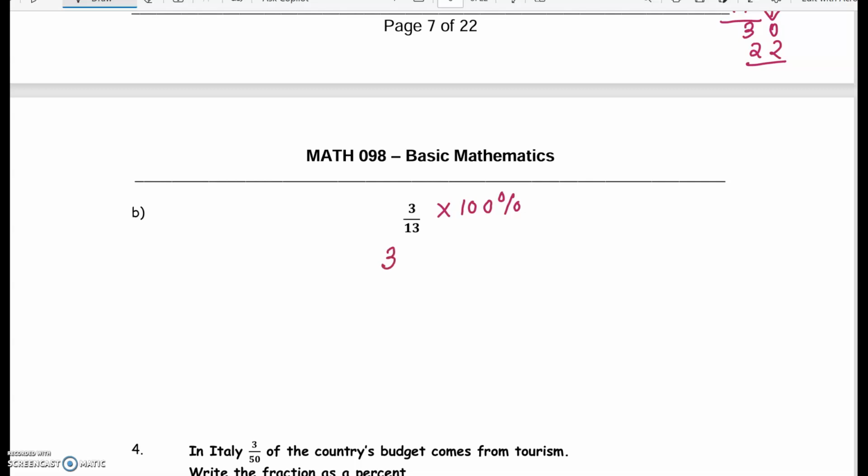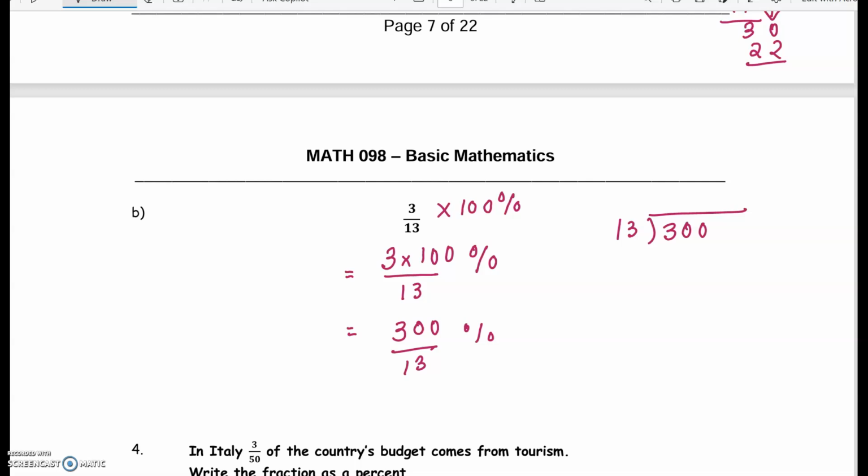So this would be 3 times 100 over 13. 13 doesn't go into any one of these numbers. So this is 300 over 13%. So 13 is the divisor, and we divide 300 by 13.